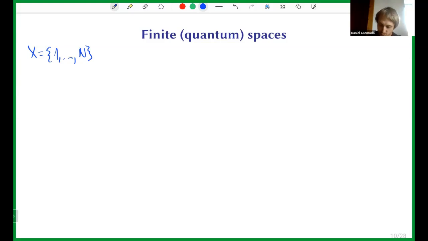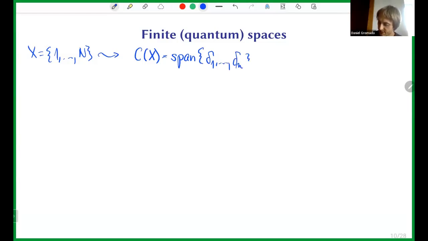Well, I sort of take an n-dimensional vector space, right? Or what I could also do, and what we usually do when we are studying those quantum structures, is that I study again the algebra of functions over that space, which is a finite dimensional C-star algebra spanned by the canonical projections.